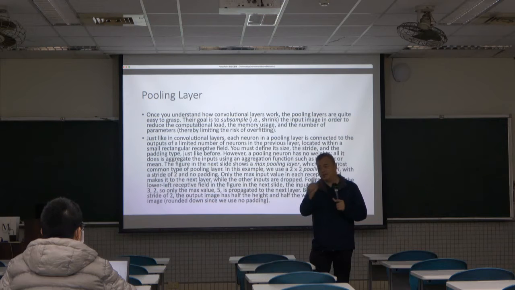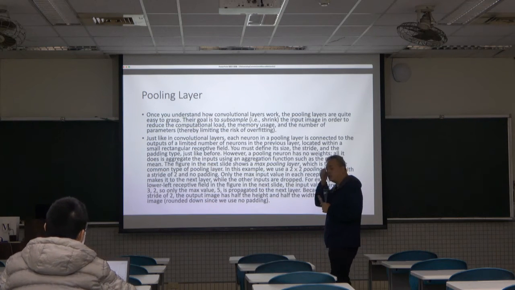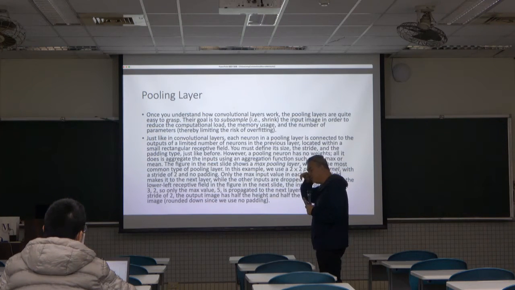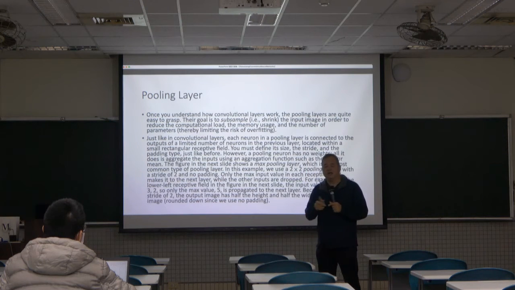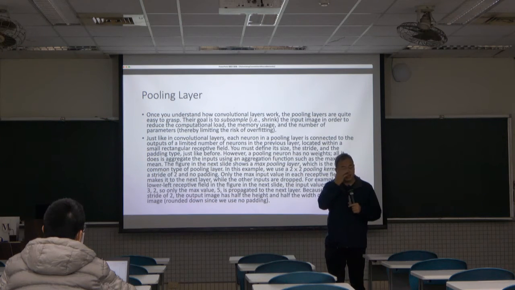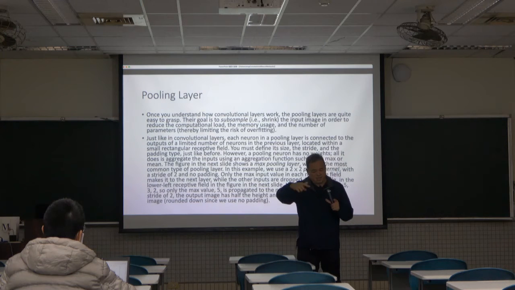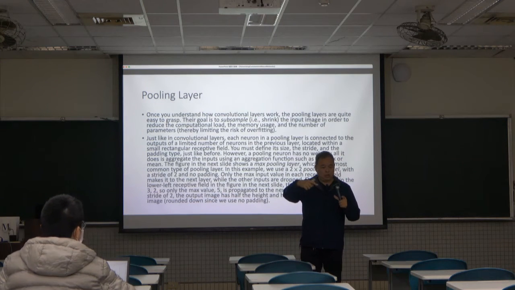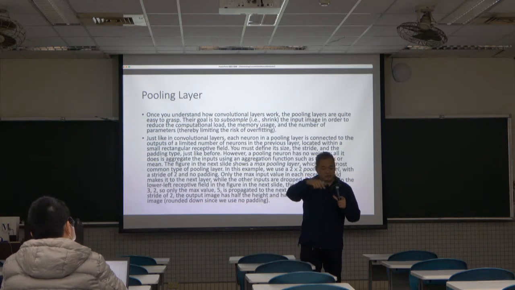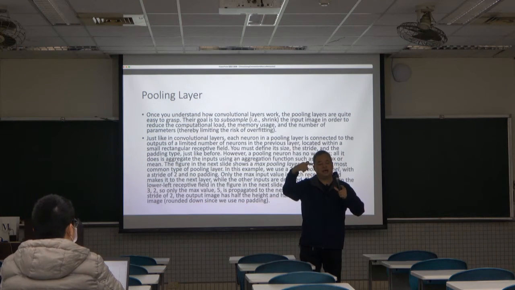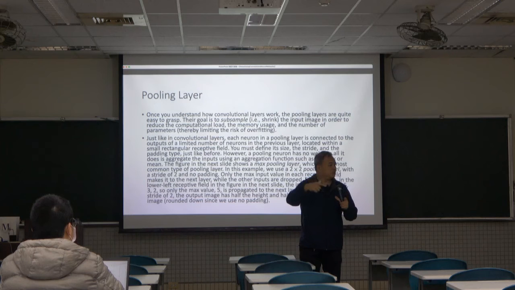So it doesn't have any weight associated with the kernel in the max pooling layer. The other type is called the average pooling layer. Just by the name, it's obvious: you just get the average of the values in the area covered by this filter.